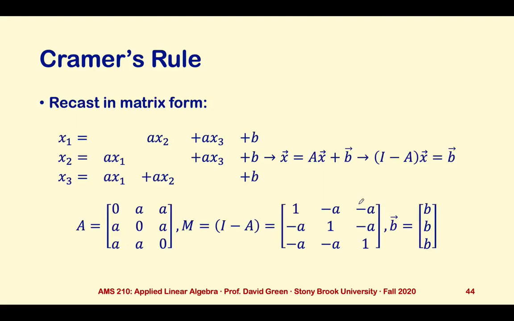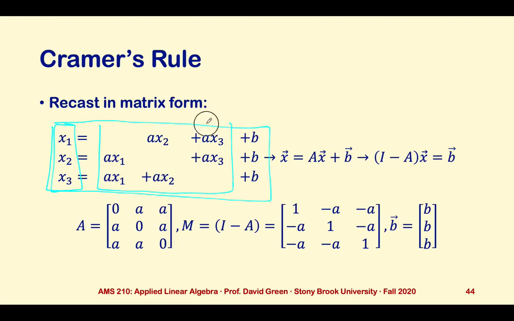The first step in this has to be recasting this in matrix form and in the appropriate matrix form. We have looked at this class of problem repeatedly, and so the general formulation that we're going to want to take for this type of problem is to break it into 3 pieces: a vector of x's on our left-hand side, a block that can be expressed as A times x, and an additional vector of b.